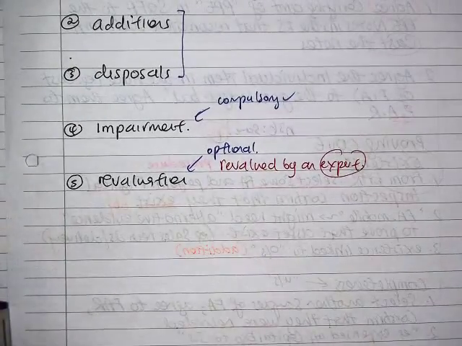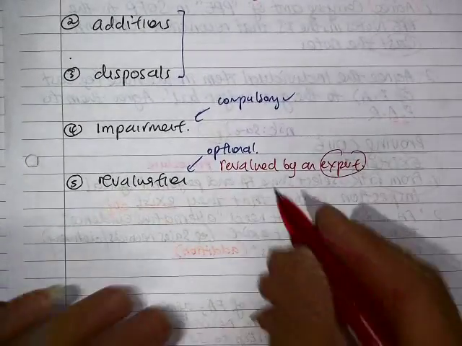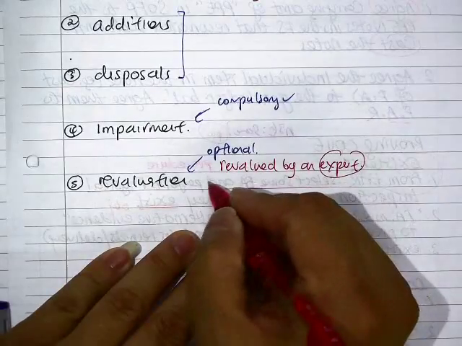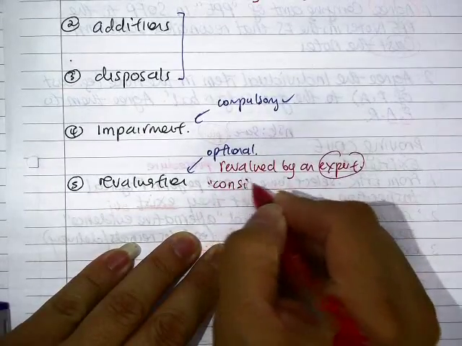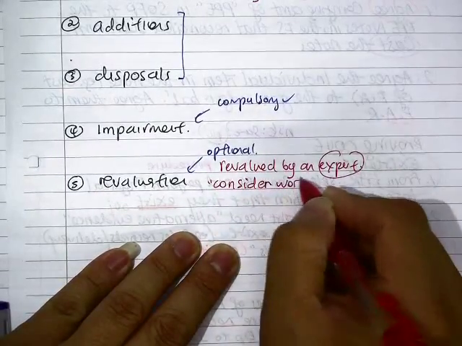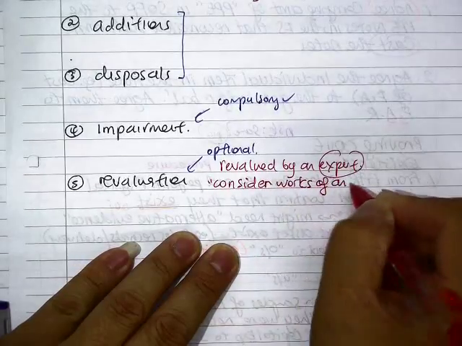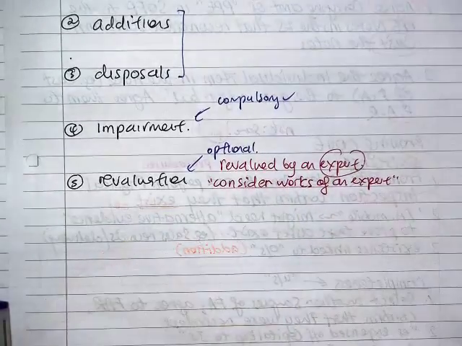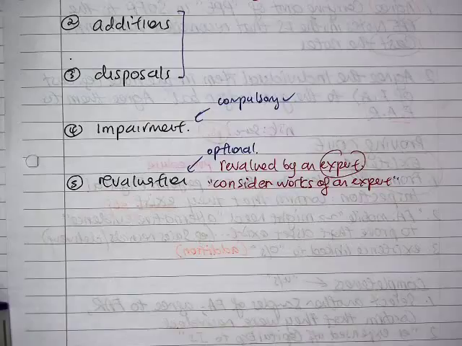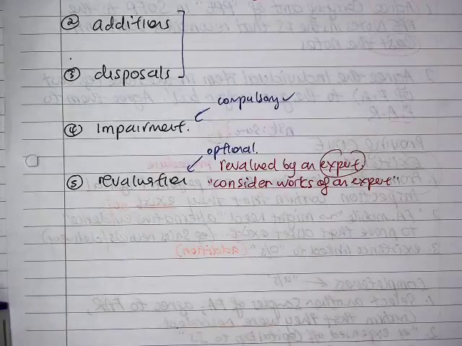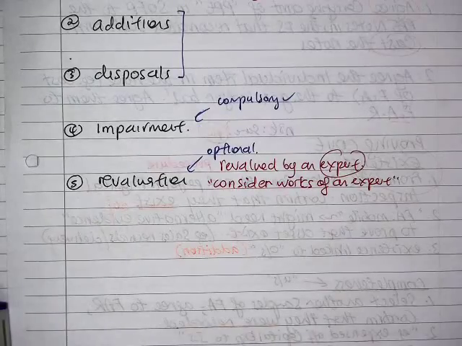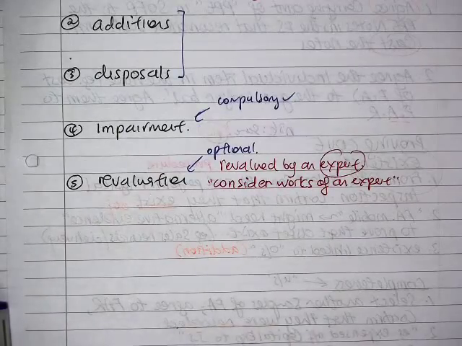So now we bring in an additional issue. The issue that affects us in the audit now is that we will need to consider the work of an expert, so you're actually evaluating the work of another body. When you're evaluating the work of an expert, there are two parts we must do.